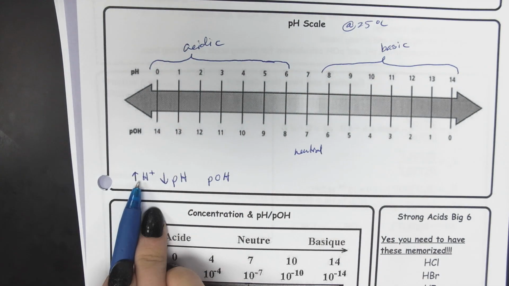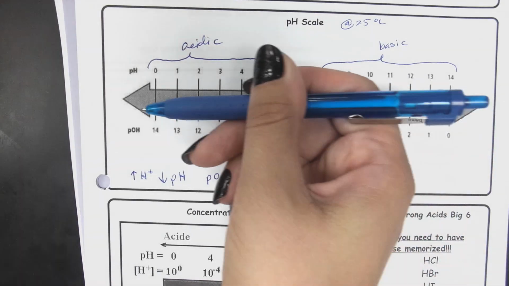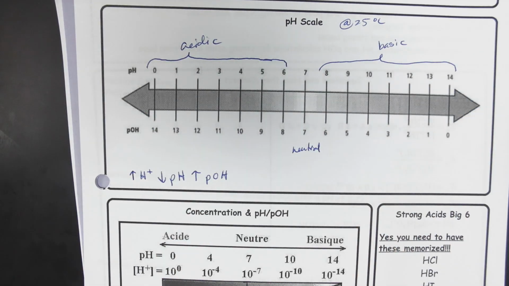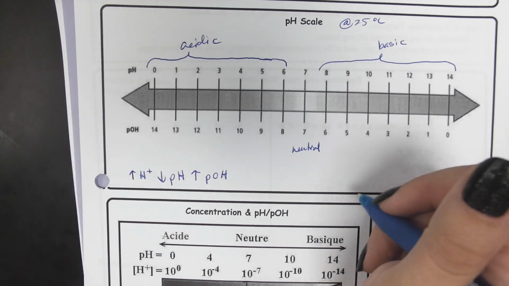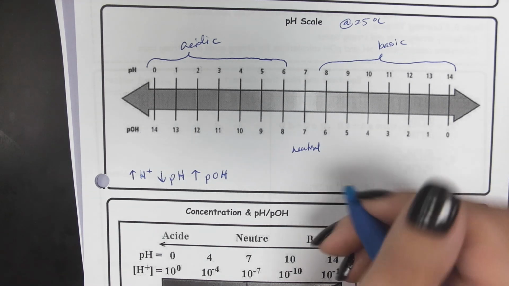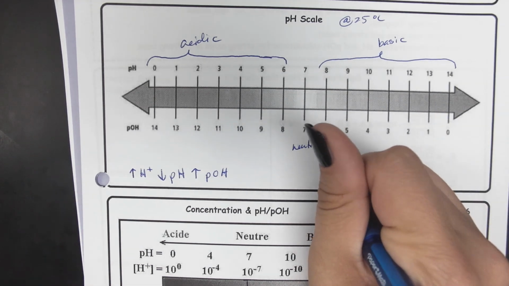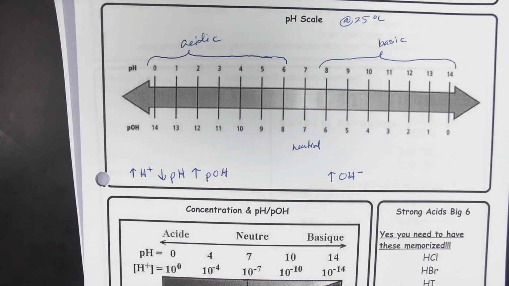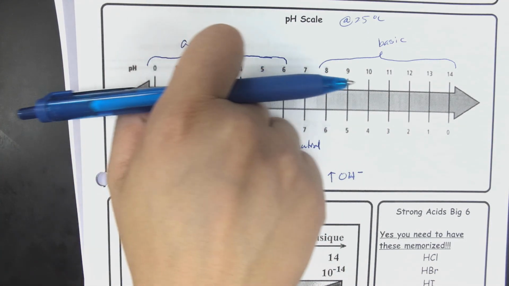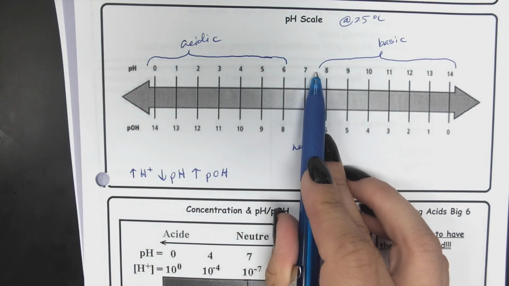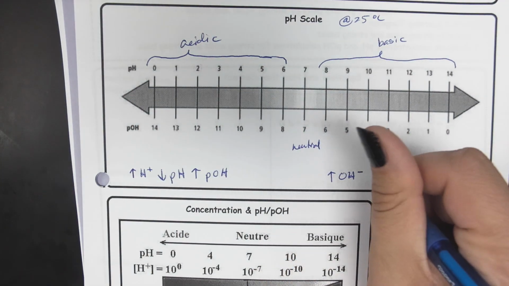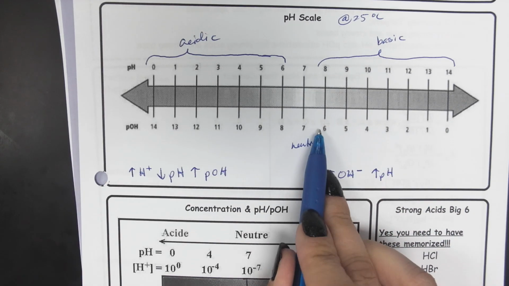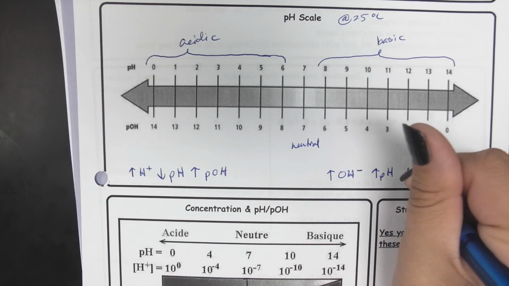If we're gaining H plus, which means that we're going this way, our pOH is getting bigger. Then we could have the opposite happening. What if we increase in the amount of OH minus, okay? And that would be becoming more basic. Well, as you become more basic, your pH increases, but your pOH decreases.